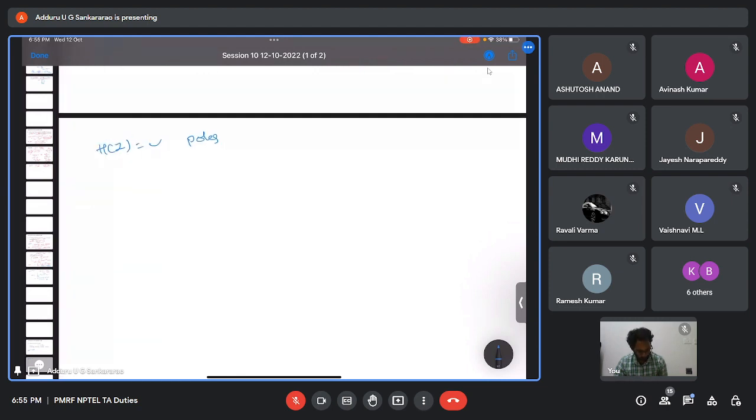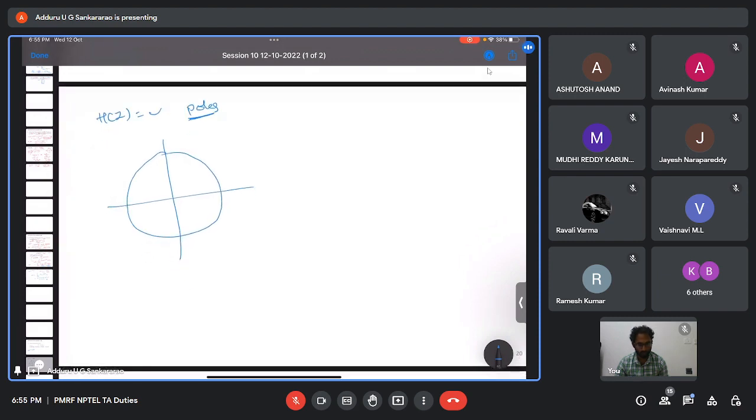A system is said to be stable if its ROC includes the unit circle. That means all the poles should be inside the unit circle.